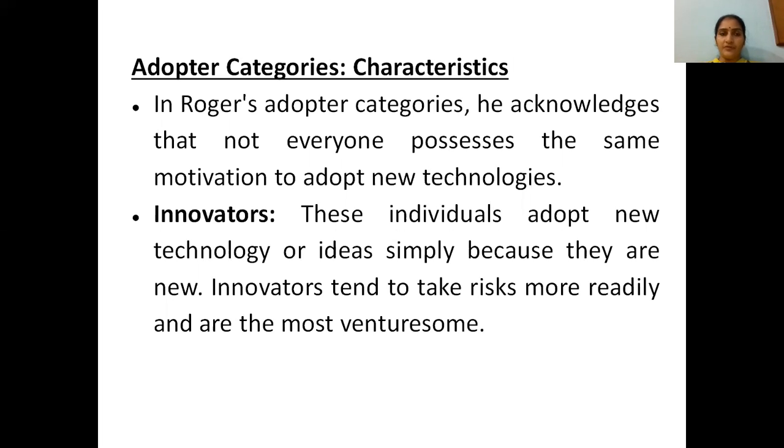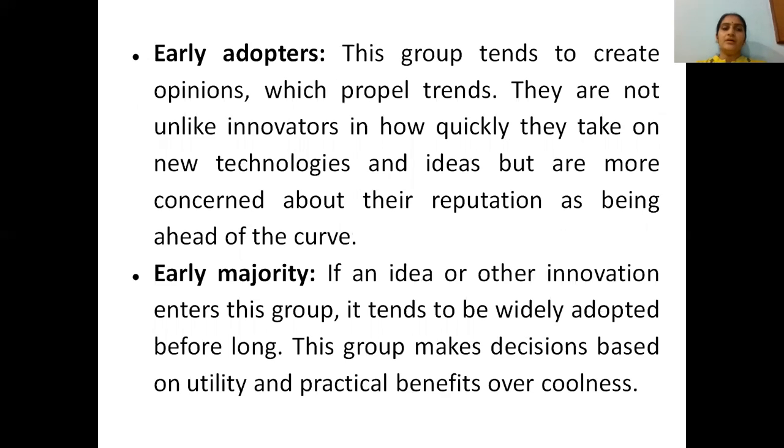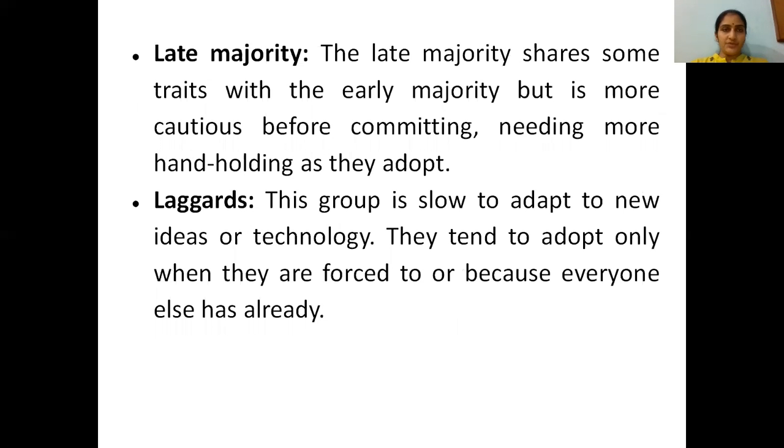They include innovators, early adopters, early majority, late majority, and the laggards. Okay, now within these five only we can make out who are adopters and who are non-adopters. The non-adopter categories would be outside of all this, but laggards can also be considered to an extent non-adopters because they are forced to adopt it.